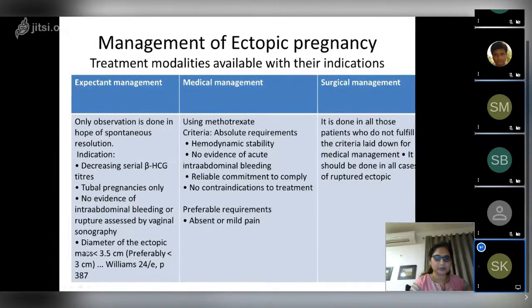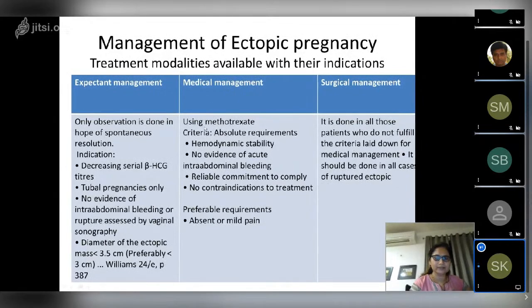And the diameter of the ectopic mass is less than 3.5 centimeters, preferably less than 3 centimeters. So these are the criteria for expectant management, and you just do it in the hope that it will spontaneously resolve, but with very high monitoring of the patient for any signs of rupture.